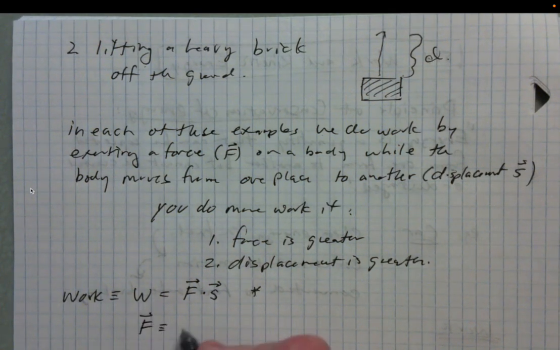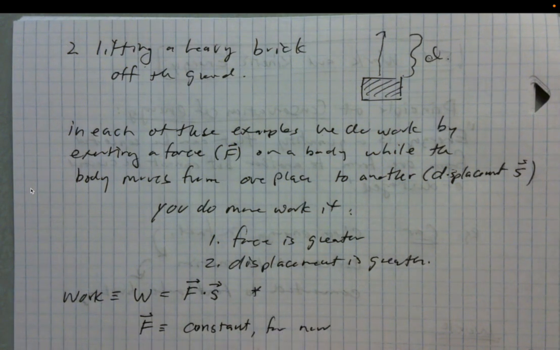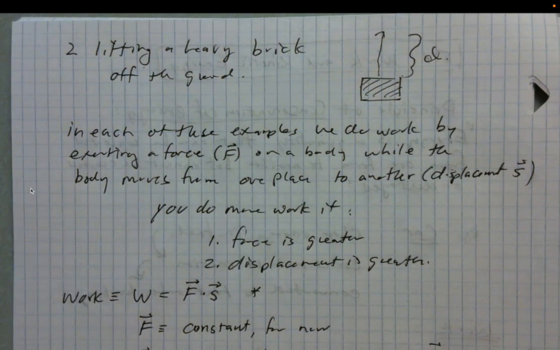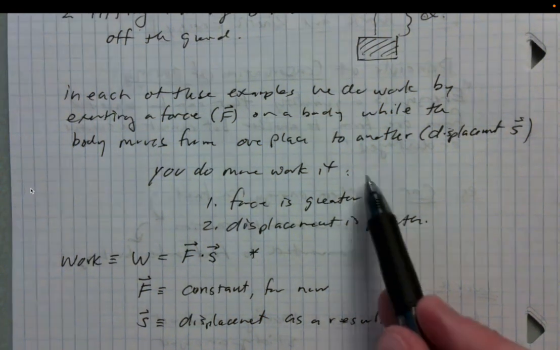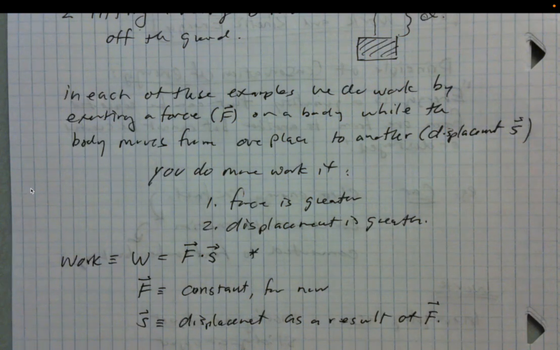So F, constant for now, and S is the displacement as a result of F. Okay. And so clearly from this definition, you can see that the work is going to be greater if F is larger or if S is larger, right? So this fits the idea that we've laid out here. Okay, so this is work. Work is force times a displacement.